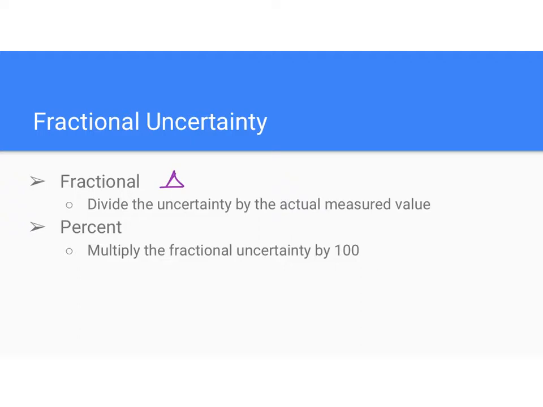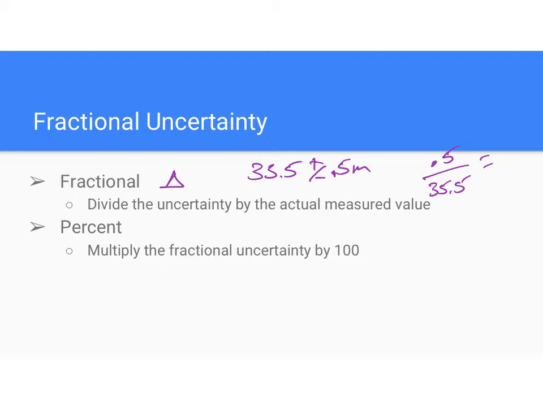We'll see that on the next slide, but for the previous 33.5 plus or minus 0.5 meters, our fractional uncertainty would be 0.5 over 33.5. We would actually divide that out, and that numerical value that we get would be the fractional uncertainty.